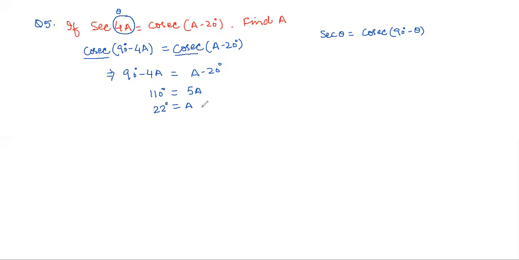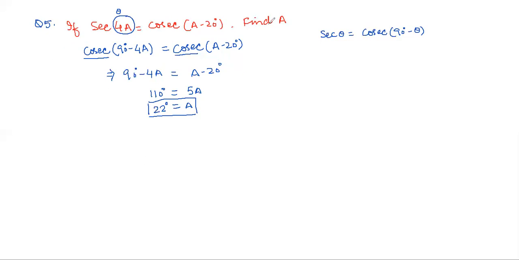Therefore, a is equal to 22 degrees. So I hope you are able to understand how to apply the complementary angle formula and how to solve the questions. Let's do one more question of the exercise, that is question number 6.